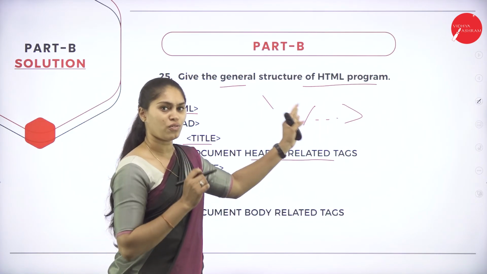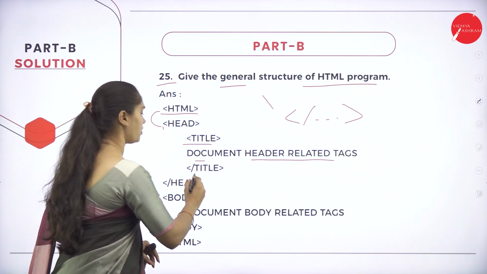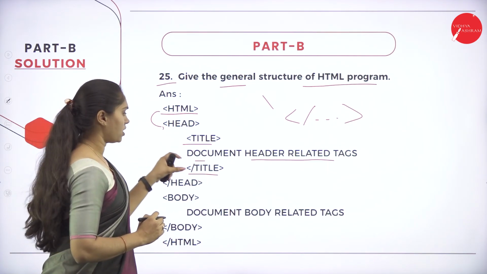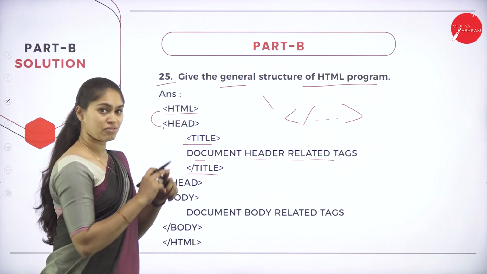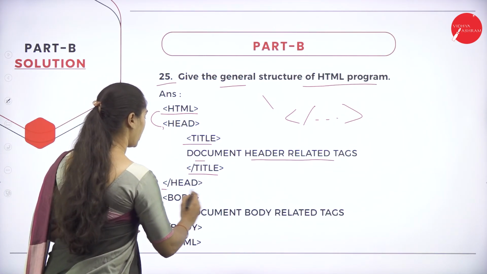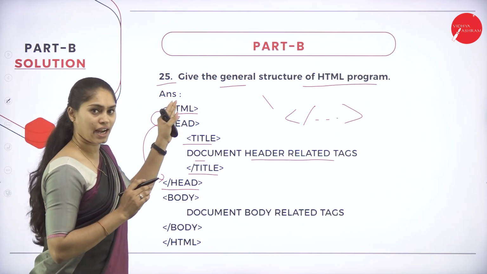Here we are going to close the title. Whatever we write in this title will appear in the title of a web page. Then we have to close the head.